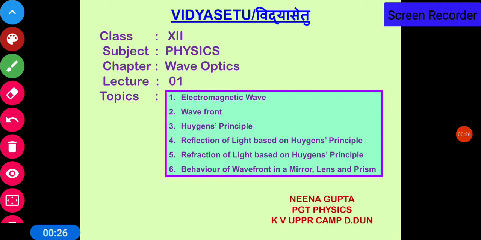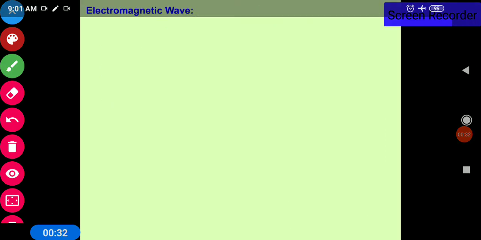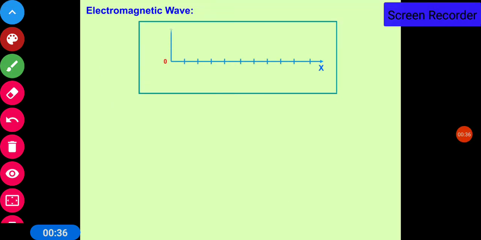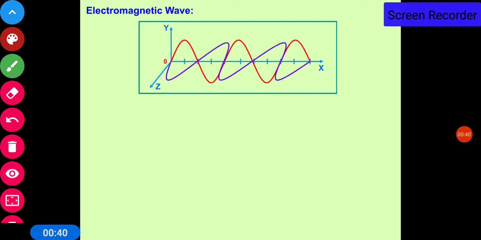So let us understand or revise the electromagnetic wave before starting the wavefront. As you know, an electromagnetic wave is the propagation of the magnetic field and the electric field vector in directions mutually perpendicular to both.